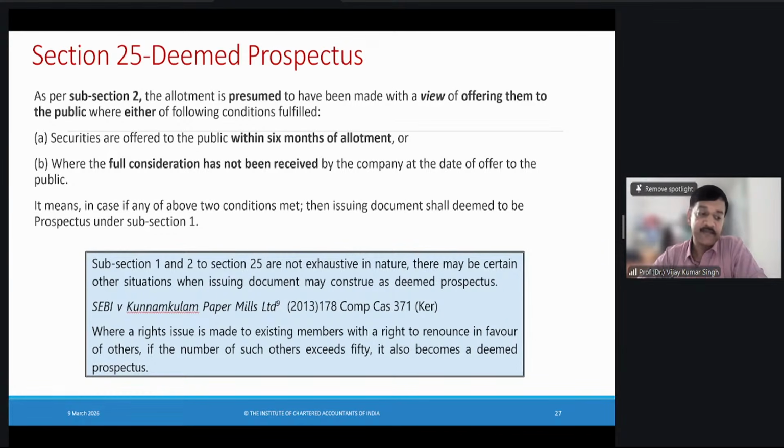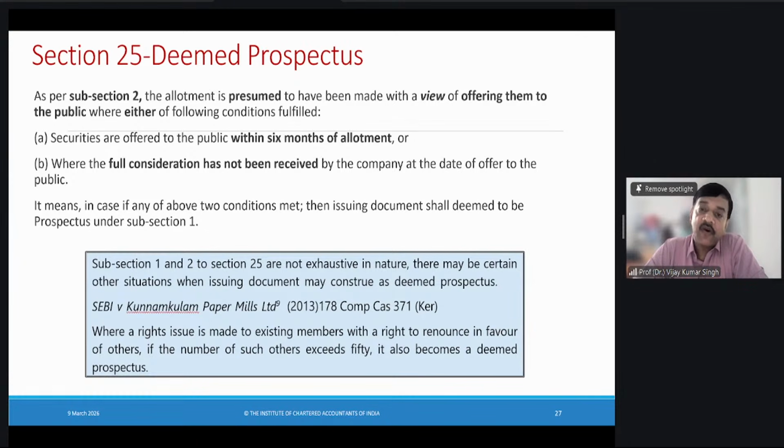So say, for example, I offer the securities by way of a private placement without a prospectus, and a small document is created and I offer it to some people. But within that 6 months period, I allot the securities to the public. So that will be referred to as deemed prospectus.